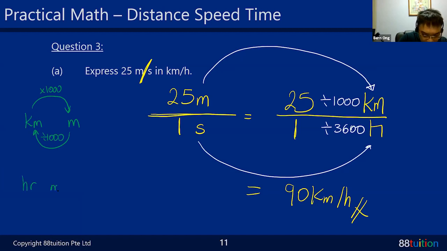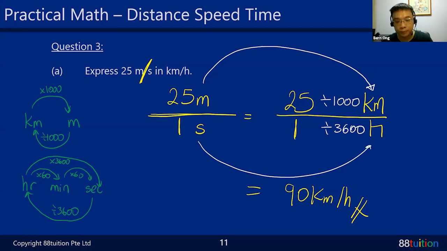Hours to minute is times 60. Minutes to second is times 60. Hours to second is times 3,600, because 60 times 60 is 3,600. Second to hour is divide by 3,600. Can you see?